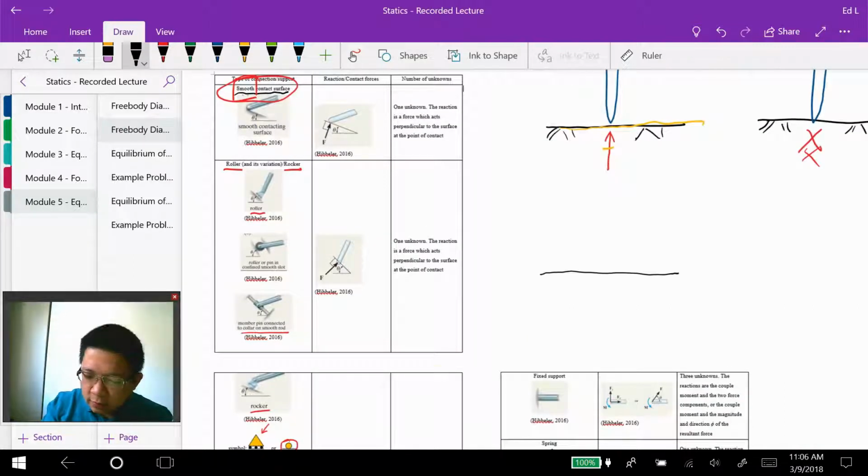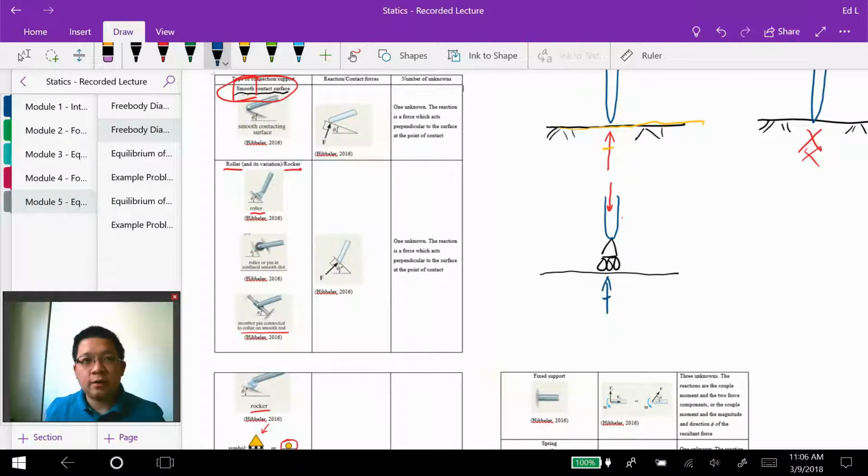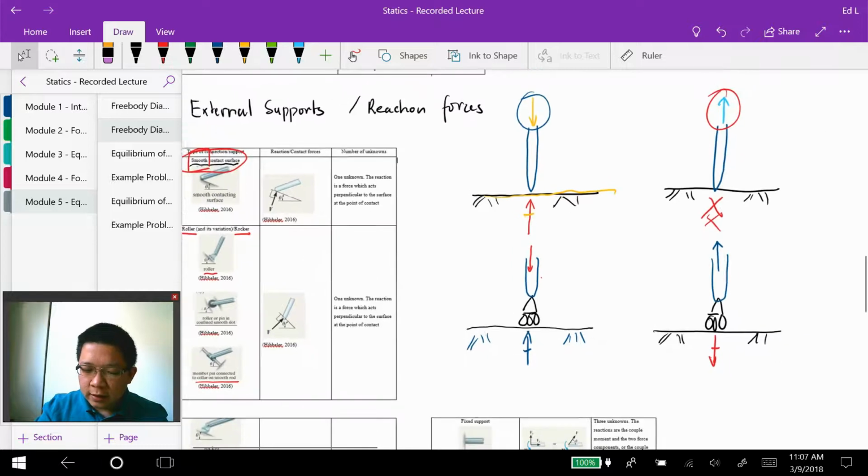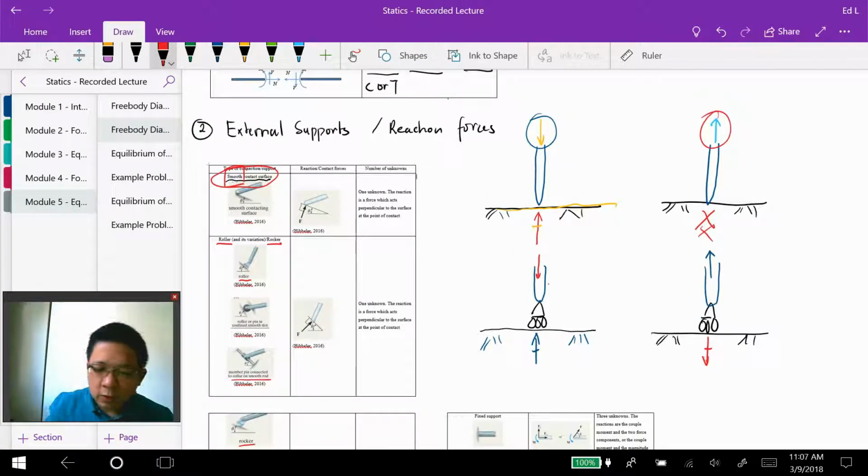So let's say that we have a roller support in here, and this is the member. When the member transfers a downward force, then the reaction force is going upward. And when the member is transferring an upward force, then the reaction force is going downward. So in contrast with the smooth contact surface, right now there's a reaction force when the member is transferring an upward force.